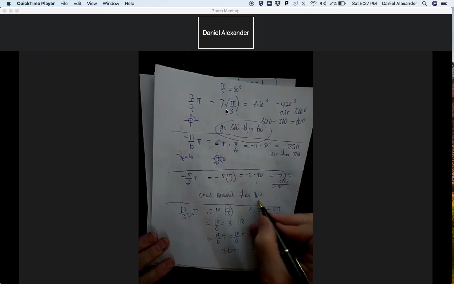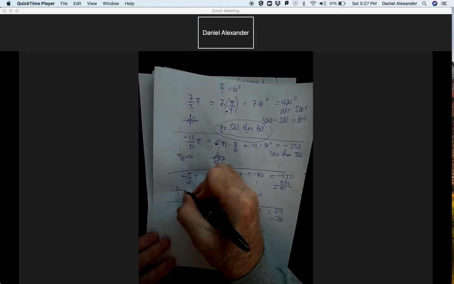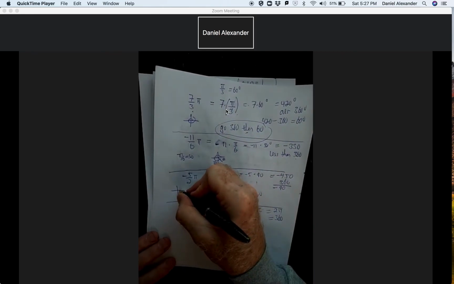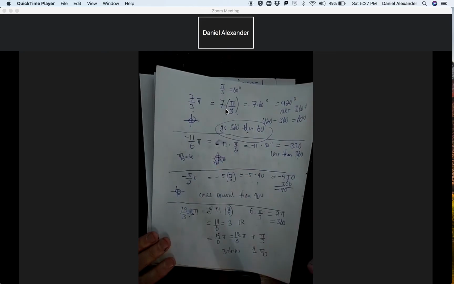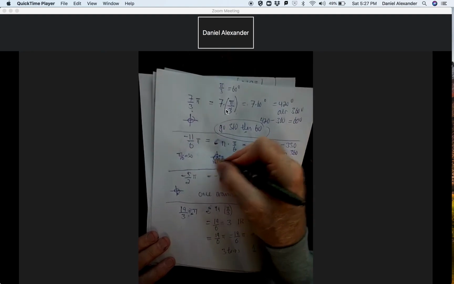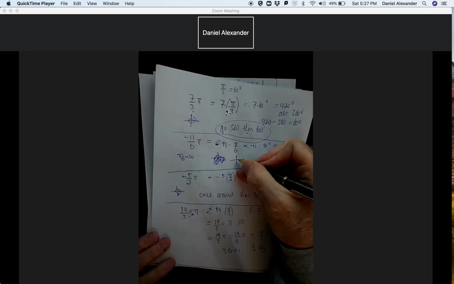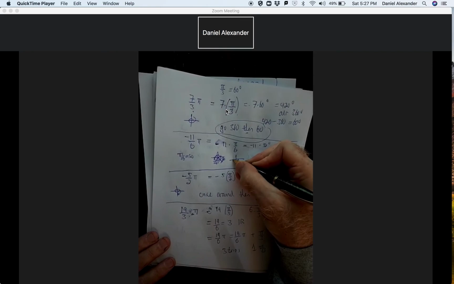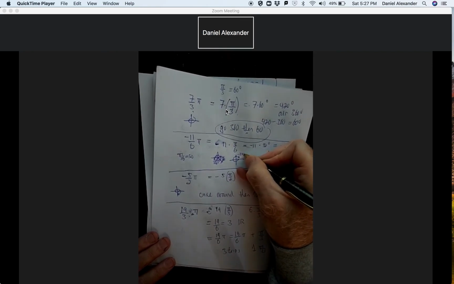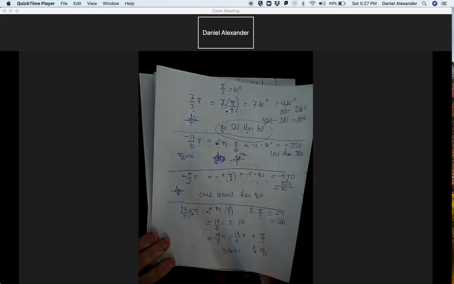Here, this is once around, then 90. But it's negative, so I'm going to go in the negative direction, and then another 90. Oh, I did this one in the positive direction, so let me do this again. This is going to be the negative direction, so I'm going to go minus 330 this way. And then I'm going to have 30 degrees left.